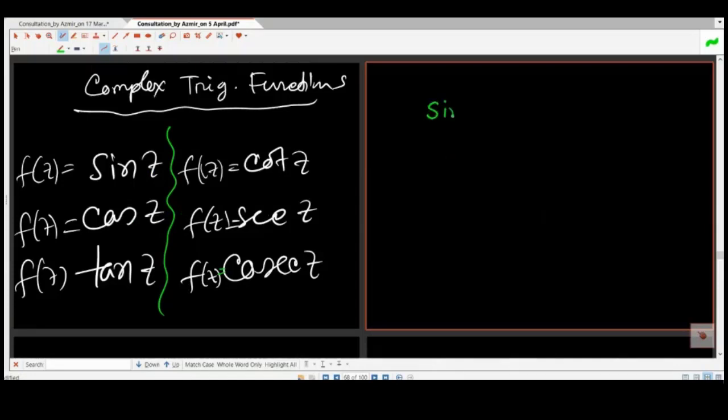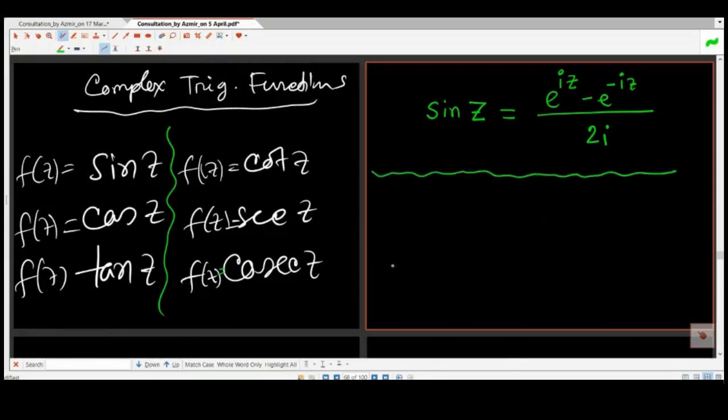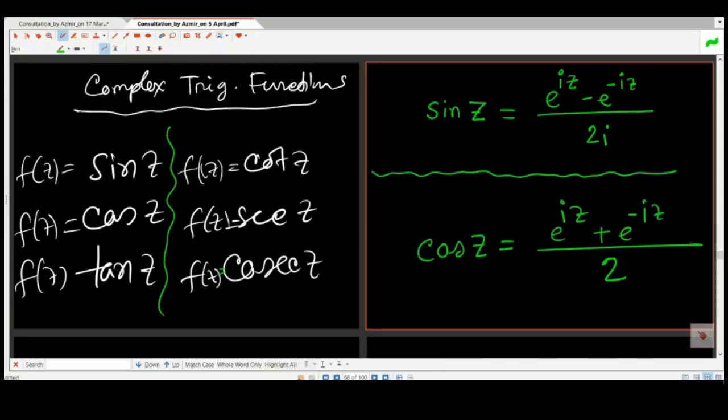Complex trigonometric function sine z is equal to e to the iz minus e to the minus iz over 2i. So this is the formula for sine z we have to remember. Formula for cosine z: e to the iz plus e to the minus iz over 2.